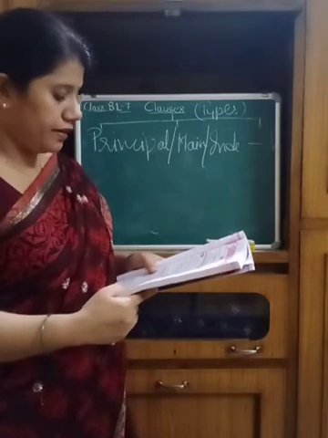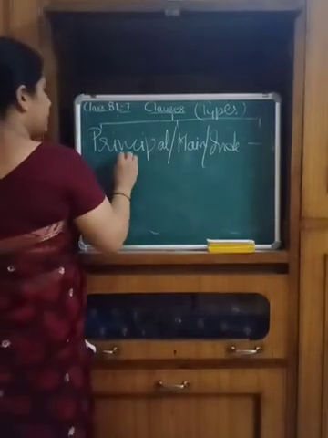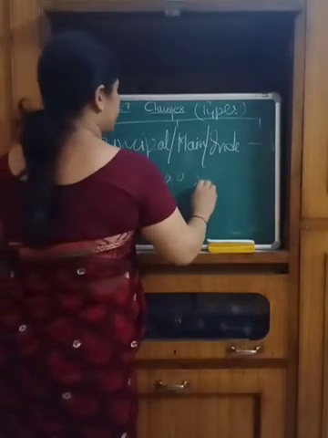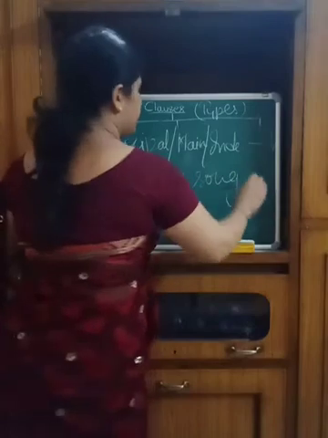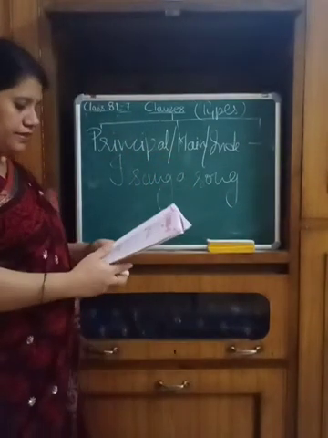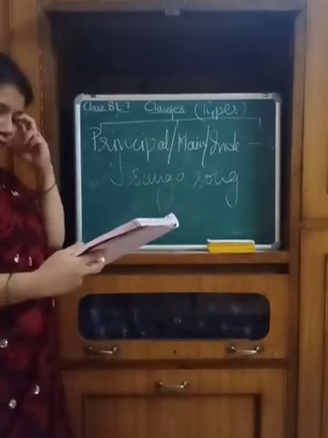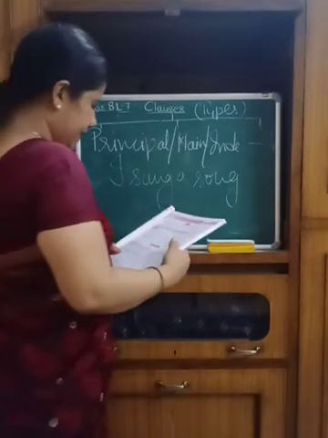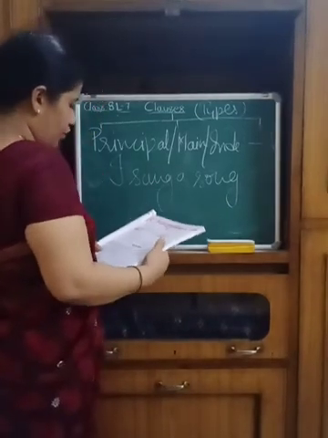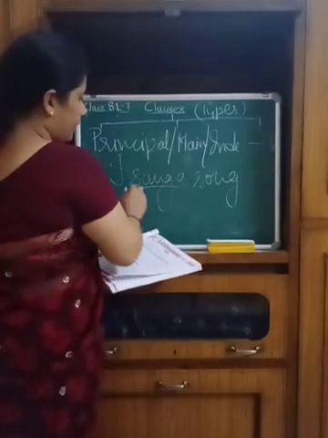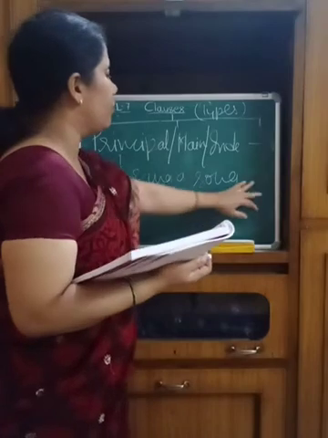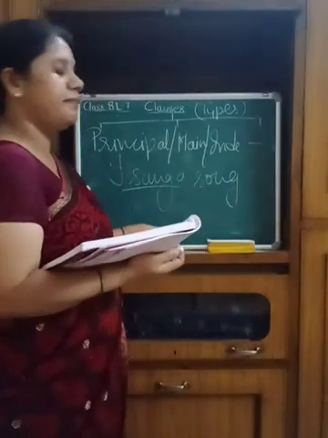See the example given here: I sang a song. In this sentence, there is only one finite verb, and it doesn't need any other group or sentence to complete its meaning.